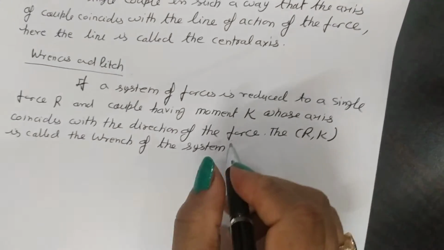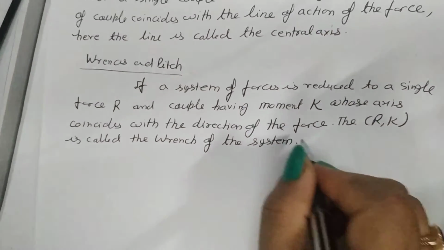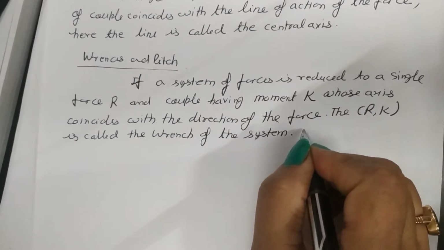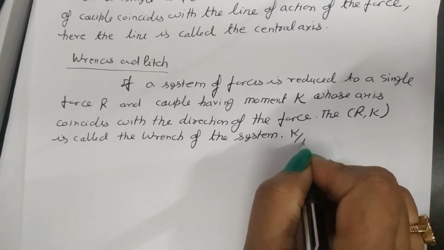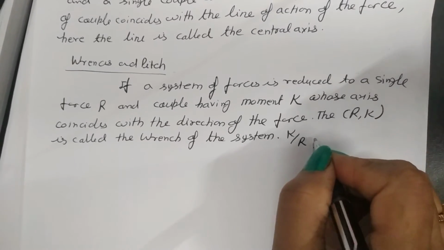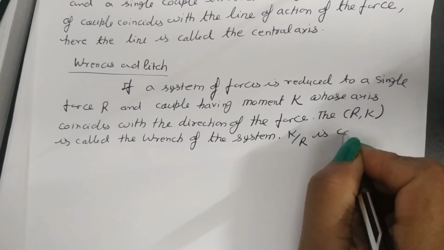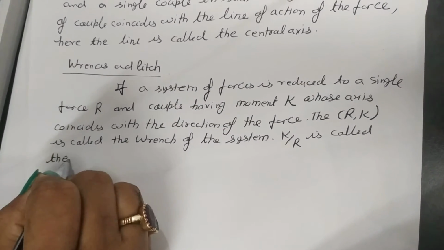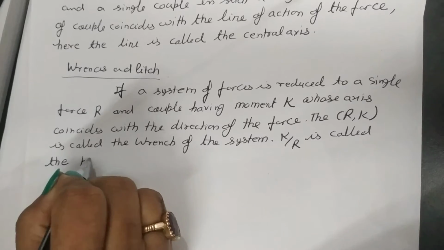Here R is the intensity of the wrench, and the ratio K by R is called the pitch of the system.